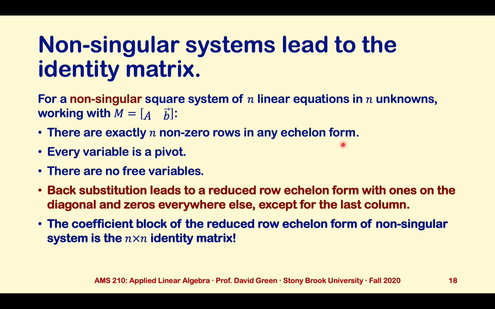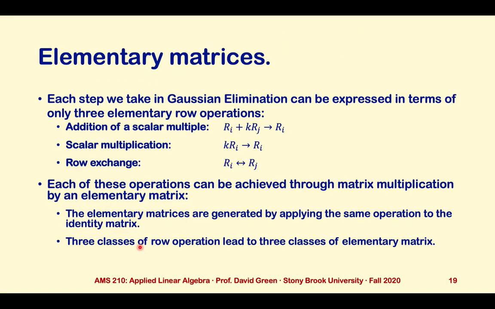We'll have 1s on the diagonal, 0s everywhere else, except for the last column. So in the coefficient block, and it's a square coefficient block, what does that correspond to? That is the identity matrix. The coefficient block of the reduced row echelon form of a non-singular system is the identity matrix. And we'll see that this idea that non-singular systems lead to the identity matrix is a key part of how we find matrix inverses.